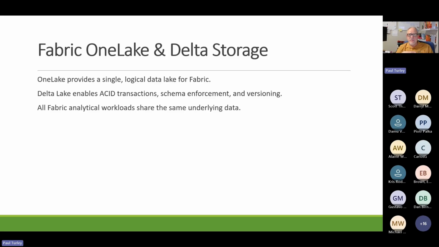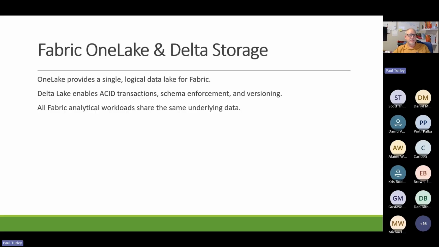If you are familiar with lakehouse technology, specifically if you've worked with any of the cloud platforms, AWS or Google or Oracle or Azure, you're familiar with the concept of a data lake. It's a place to put anything you can imagine. Files, unstructured data, non-structured data.